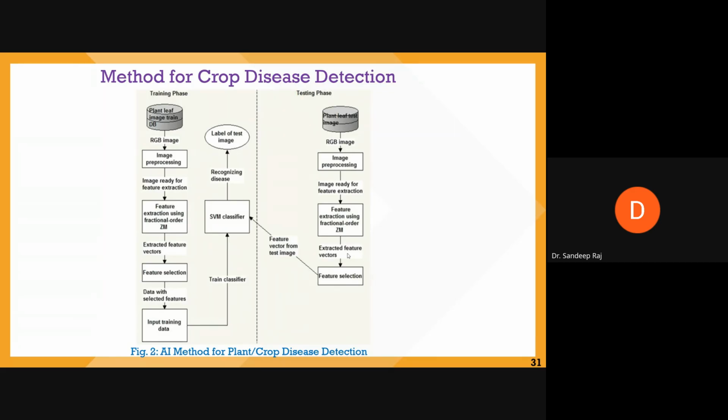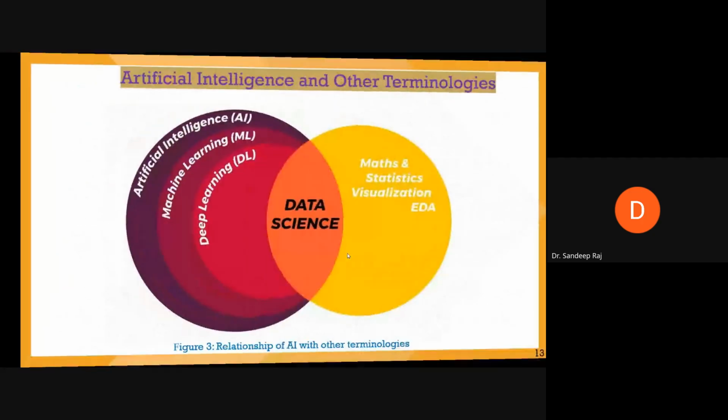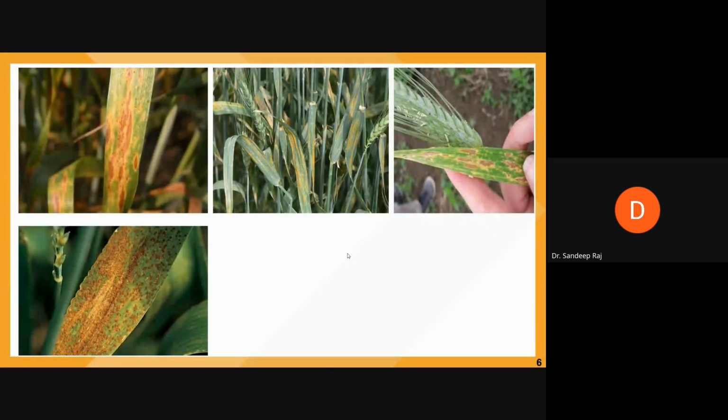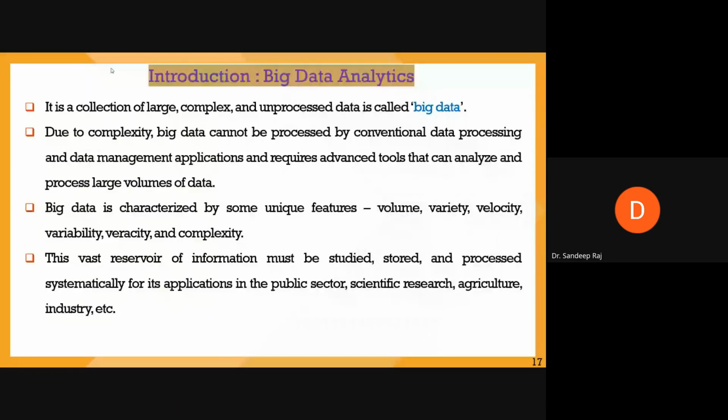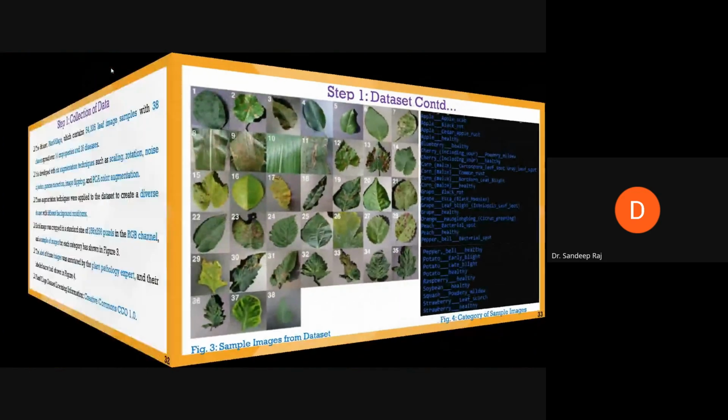For example, in any image, the region of interest, as the mouse is rotating you can see, is only the leaf part, and the background is not of interest. So we want to take the features of the leaf part only. The segmentation stage will separate the background from this image, and we will only have the leaf part. Then we are going to extract the features for the leaves of the crops or plants.